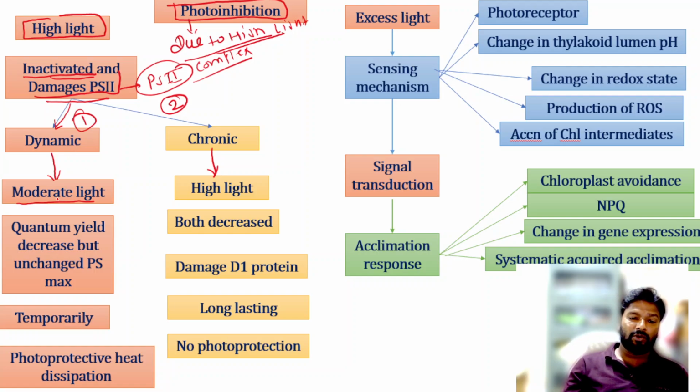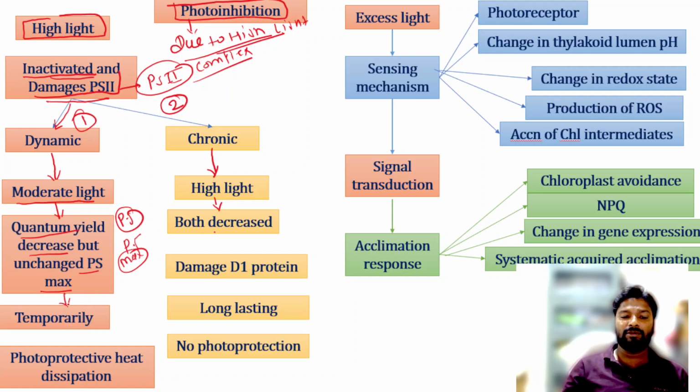In the moderate case, quantum yield is decreased, but the maximum photosynthetic rate is unchanged. Means the total photosynthetic yield is reduced, but the Pmax is unchanged. But in the case of chronic photoinhibition, both photosynthesis and the photosynthesis maximum are decreased.